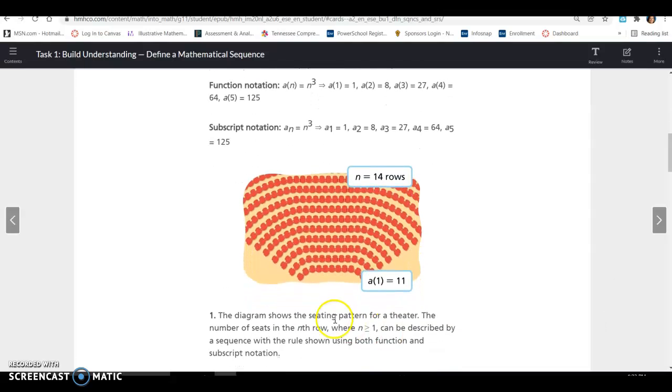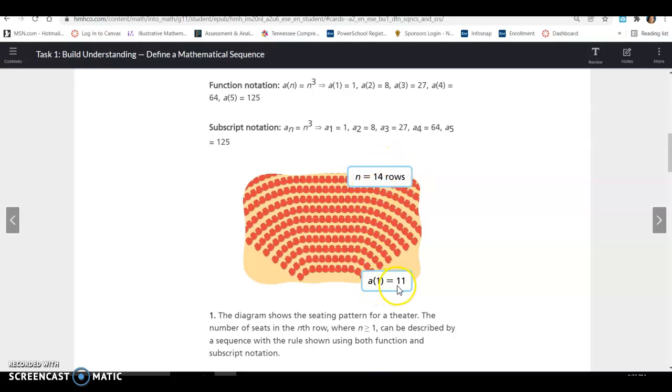All right, so it gives us a picture, and it says the diagram shows the seating patterns for a theater. The number of seats in the nth row, where n is greater than or equal to 1, can be described by a sequence with the rules shown using both function and subscript notation. So you can see in the theater there are 14 rows. N represents the number of rows.